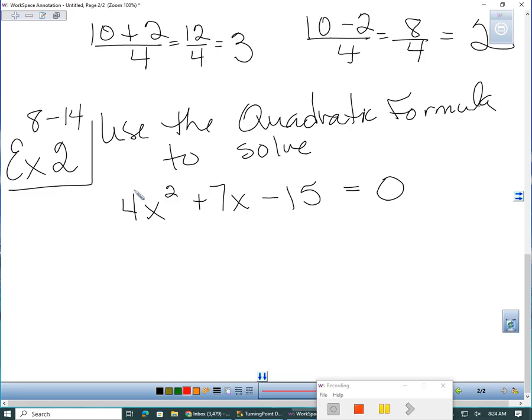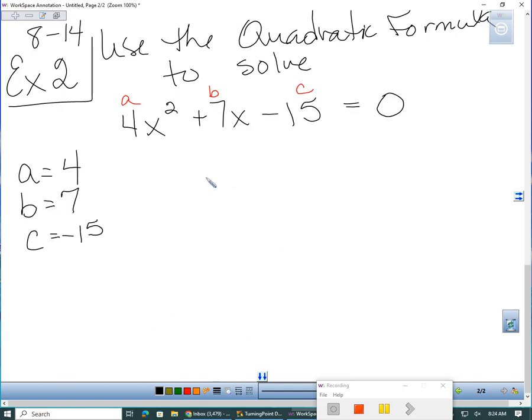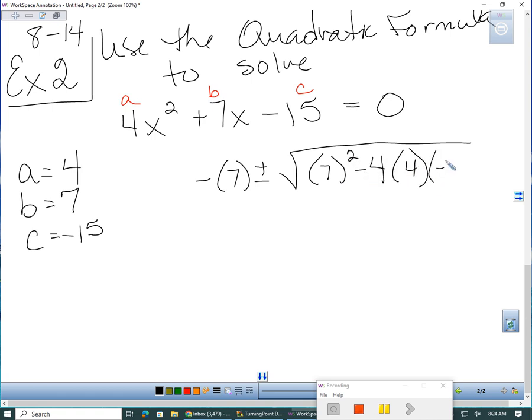So again, I'm going to remind you this is my a, my b, and my c. So on your homework, I would really like to see you have a equals 4, b equals 7, and c equals negative 15. Now we're going to plug it into our equation. We have negative b plus and minus the square root of b squared minus 4 times a times c, all over 2a.